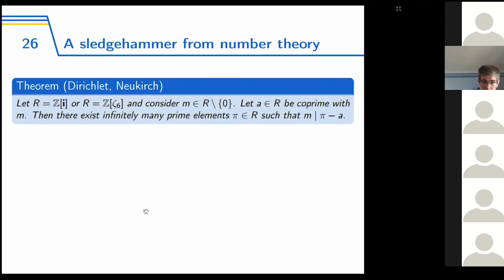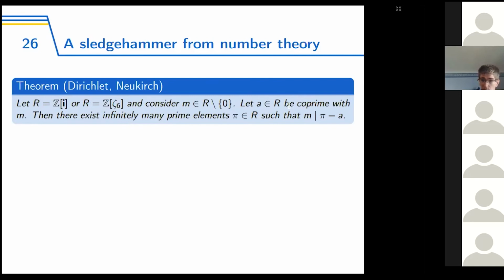But the nice thing is that this is not only true for the integers, but it is also true for some other rings, such as the Gaussian integers or the Eisenstein integers. By which I mean the rings Z[i] and Z[zeta_6], where zeta_6 is the first sixth root of unity, which is not a third root of unity.